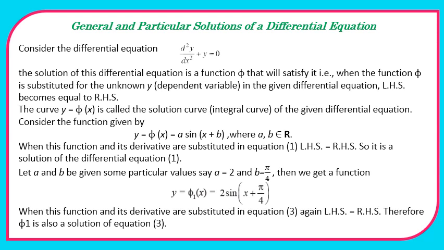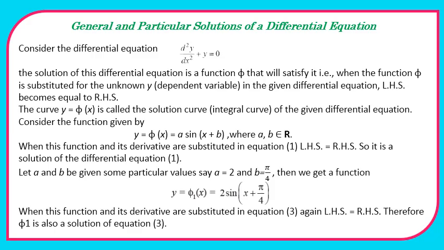Such a solution will be called your particular solution, and again LHS will be equal to RHS in that case. So general solution means the solution of the differential equation that contains some constants a, b, c, d, and if we have certain values of x, y or a, b, c, d such that we can replace those constants, then that solution will be called your particular solution.